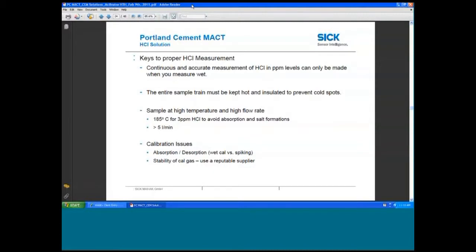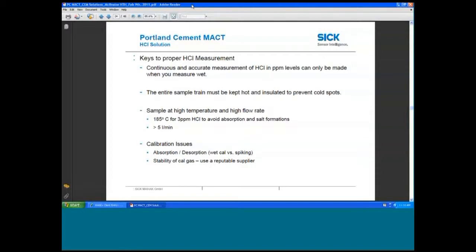Transporting HCl in a wet state coming out of a flue gas is generally quite easy as long as you follow the rules and you keep it hot and you move it fast. The problem comes when you try to inject a dry calibration gas into a sample line, and then you're dealing with a situation where the HCl reacts with the lining of the sample line, and we get absorption and desorption effects.